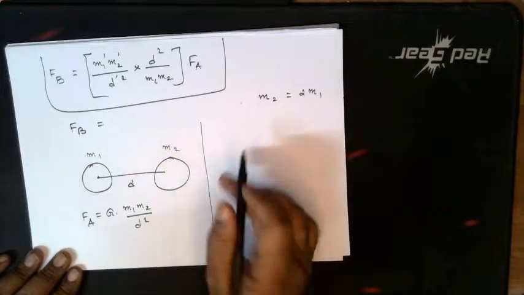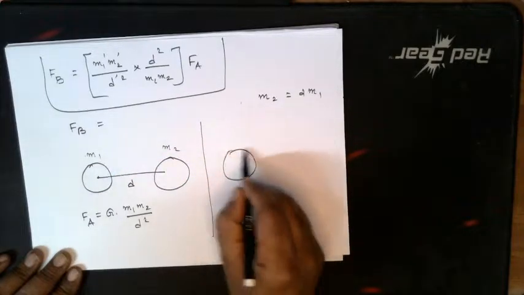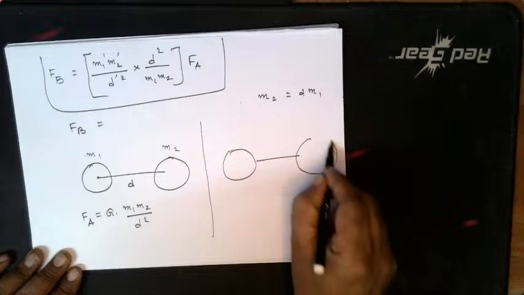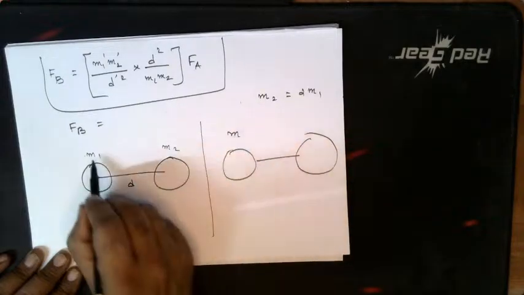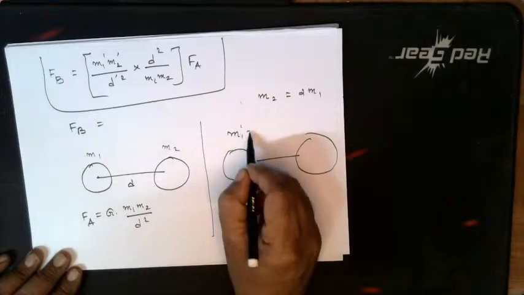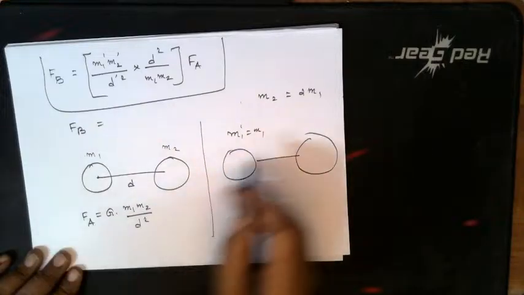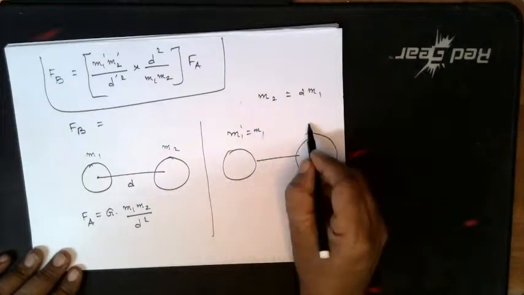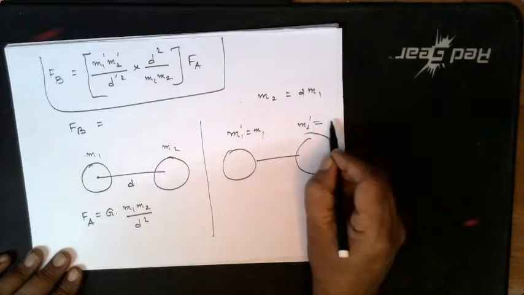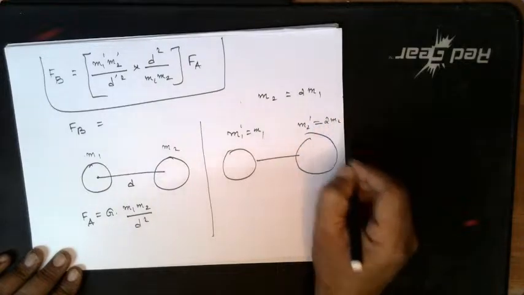Now I have the same type of setup. In this case, let me distinguish it by M1 dash and M2 dash. M1 dash is equal to M1 only, I have not changed it. But instead of M2, I have taken M2 dash, which here is 2M1. Are you able to follow?